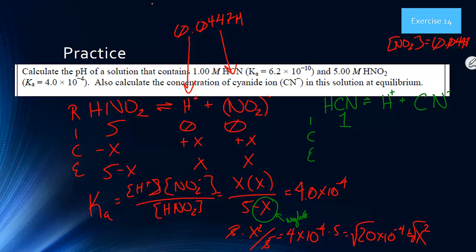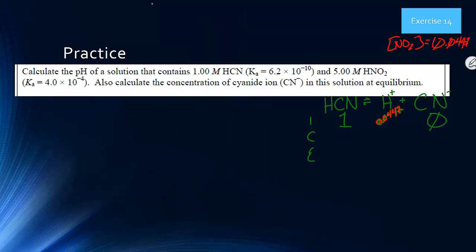The initial concentration of the hydrogen ion is not 0, it's 0.0447, taken from that nitrous acid dissociating, because it's going to dissociate first. And we'll start initially with no cyanide in solution.